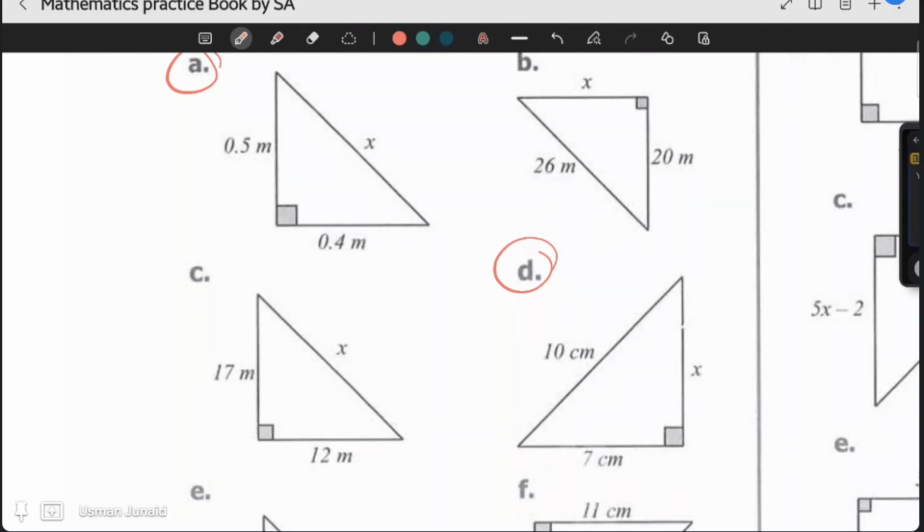And consider which lines you have. Do you have the hypotenuse or do you have the other lines? I want the answer quickly. A is 0.66.